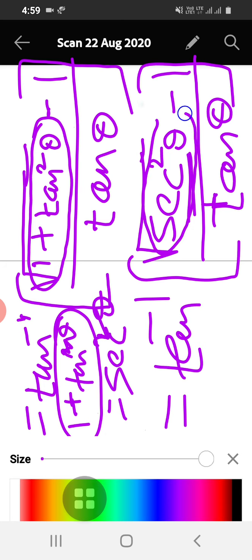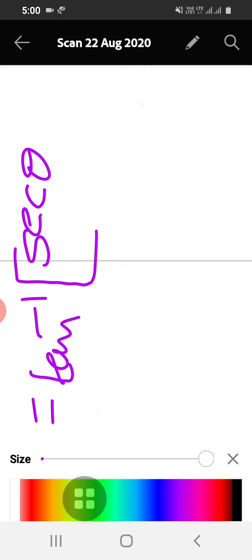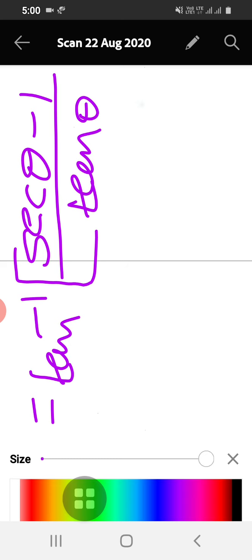In the next step, the square and square root get cancelled, so I get only secant theta in the numerator. That is tan inverse of secant theta minus 1 divided by tan theta, since the denominator was tan theta.